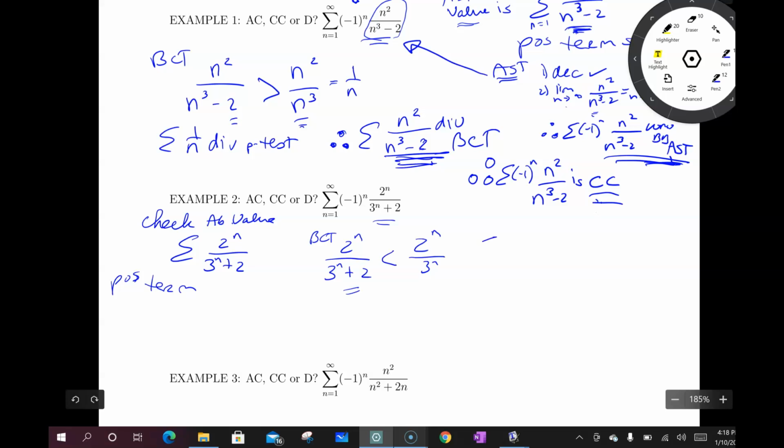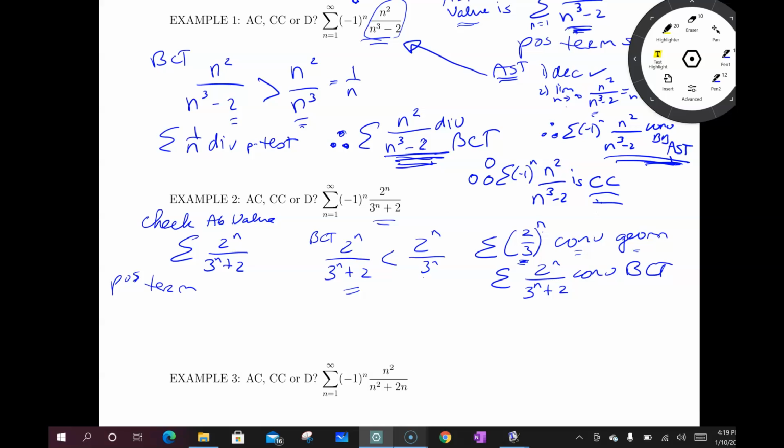So here, I'm looking at the sum of (2/3) to the nth power. This is a convergent geometric sum because I see a number to the nth power. The number is 2/3. I don't need to say it; we all are on the same page. We've played with geometric series lots, so we don't have to write r is 2/3 or find the sum. We can just see it. So it's the larger one, which means this one converges by basic comparison test.